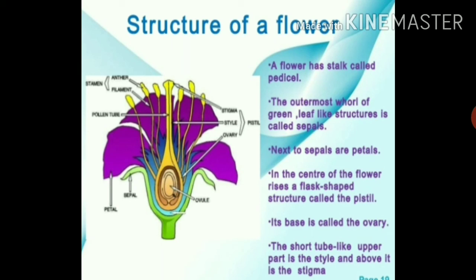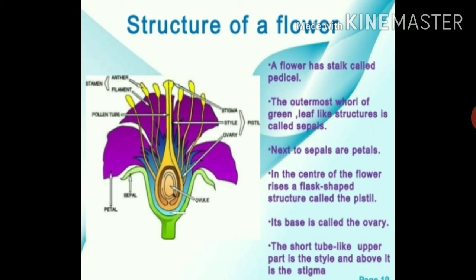Next we have petals. So petal is also known as corolla. The leaf-like colored whorl next to the sepals is called petals. The petals are collectively called corolla. यानी you can see petals in the picture also. तो अगर petals को हमें एक साथ बताना हो तो उसको हम क्या बोलेंगे? कोरोला. और अगर corolla का एक पार्ट दिखाना हो तो उसको हम क्या बोलेंगे? पेटल.